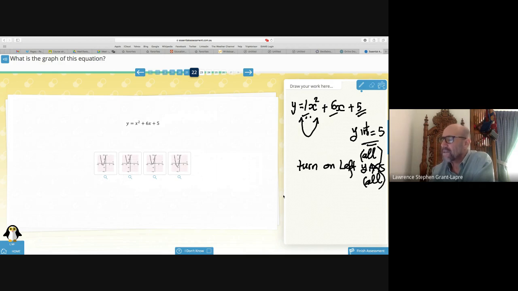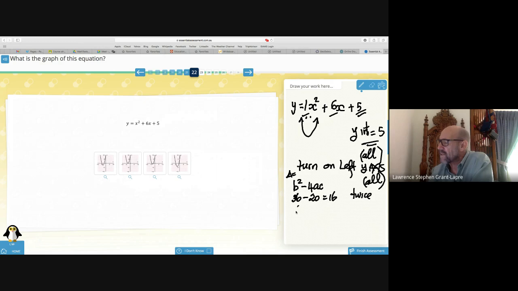Okay, it's going to cross how many times? Let's do the discriminant. Remember, b squared minus 4ac is 36 minus 20. Okay, 16. So it'll cross twice. So it's either 1, 3, or 4.